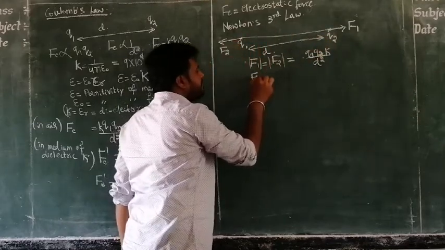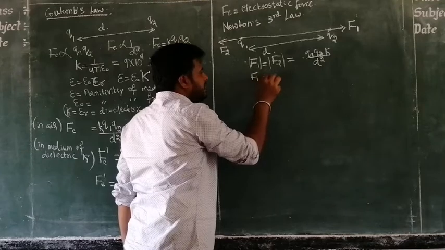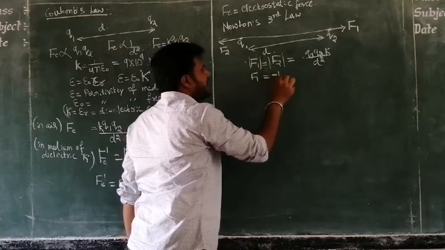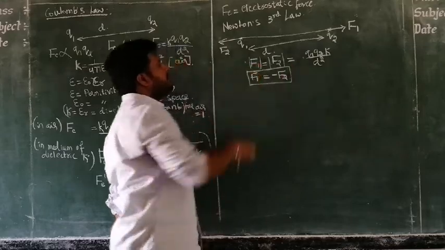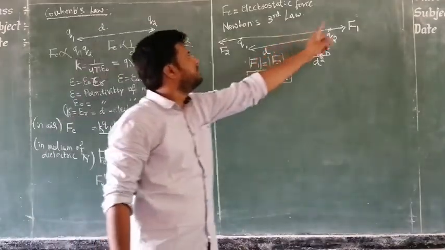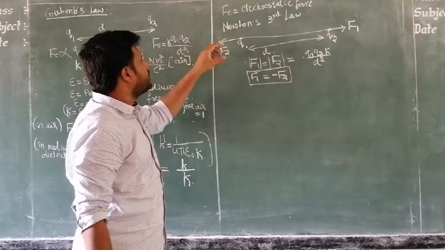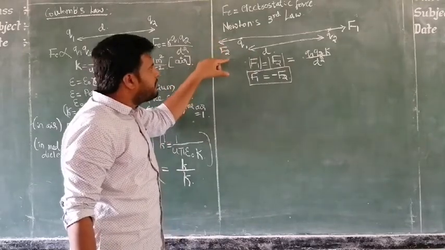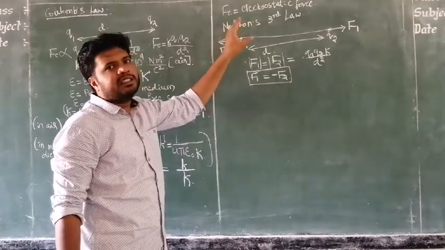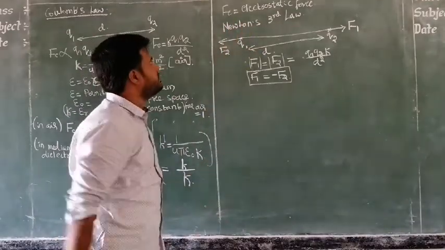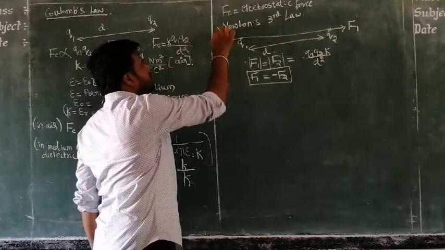It means F1 has the same magnitude as F2 but acts in the opposite direction. See, F1 is equal to minus F2. Both have the same magnitude but opposite direction. So it obeys Newton's third law.